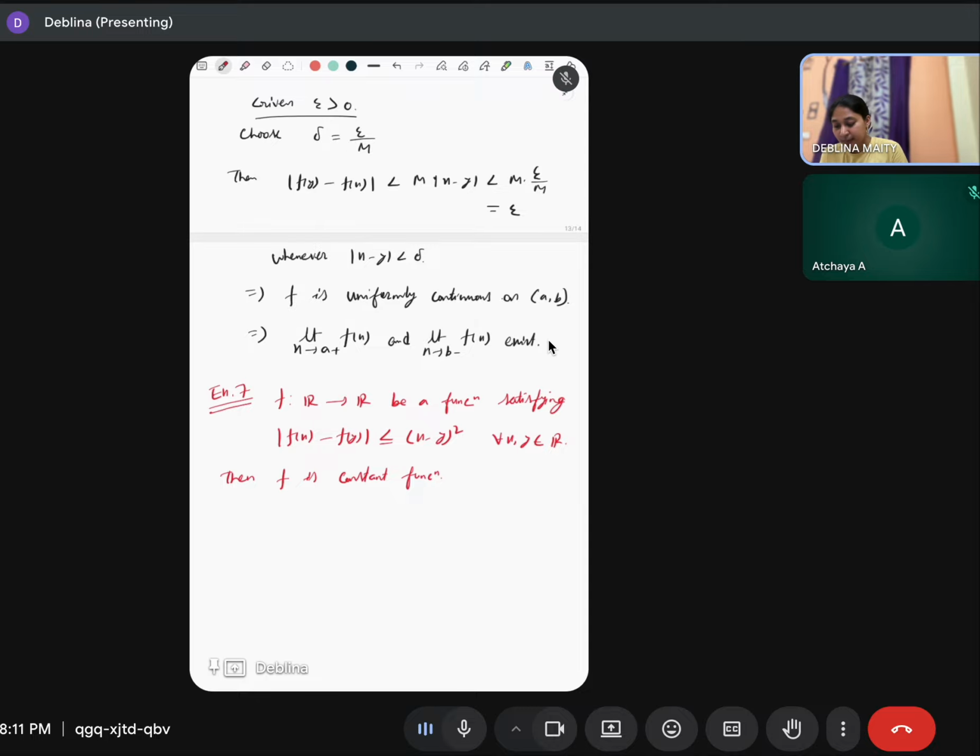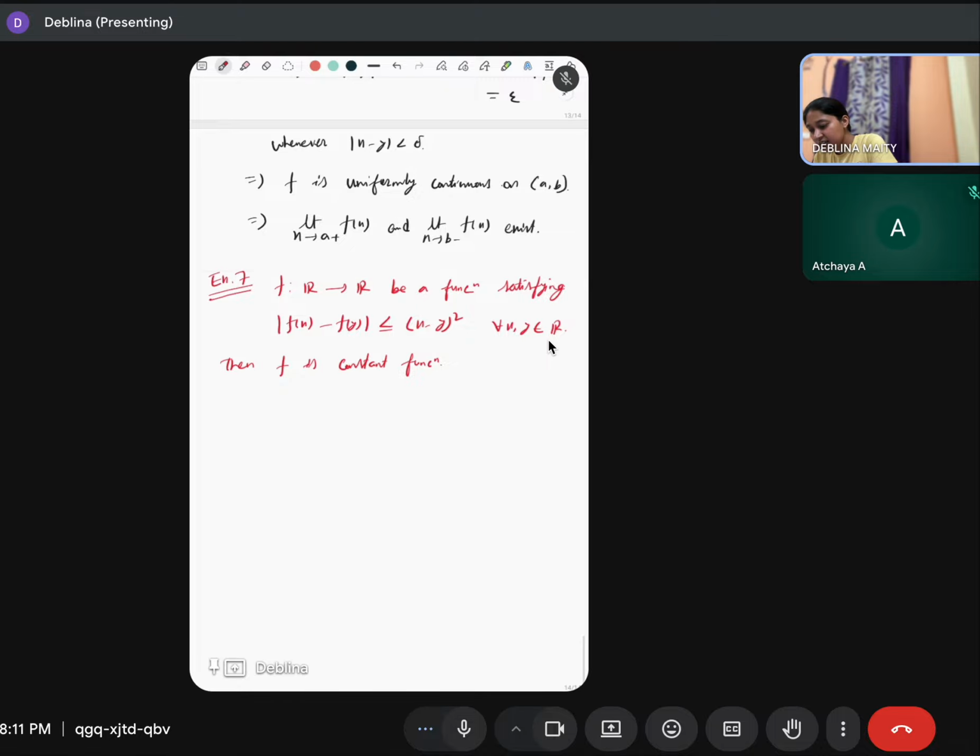Okay, so f satisfies this condition and we have to show that f is a constant function.